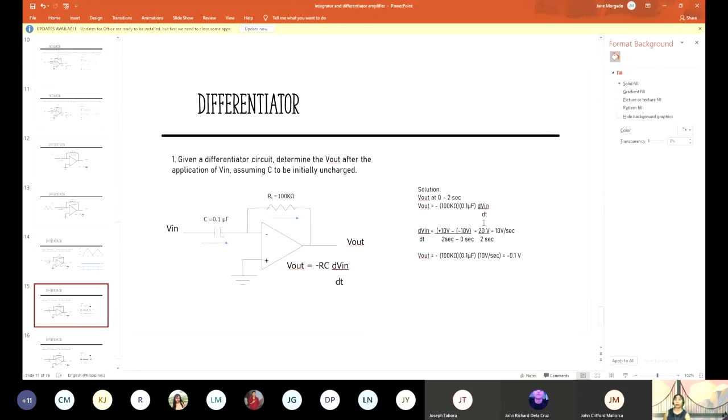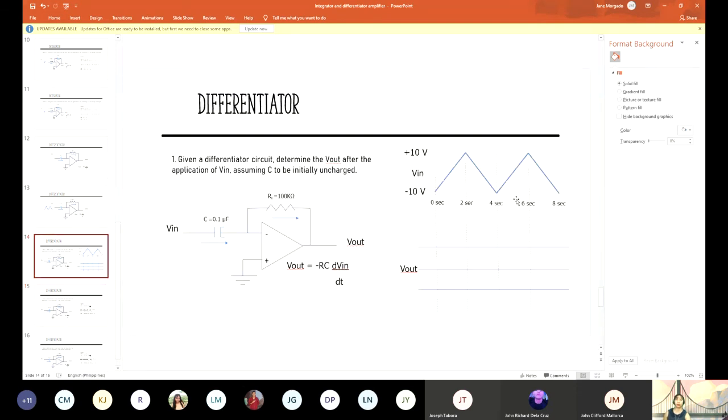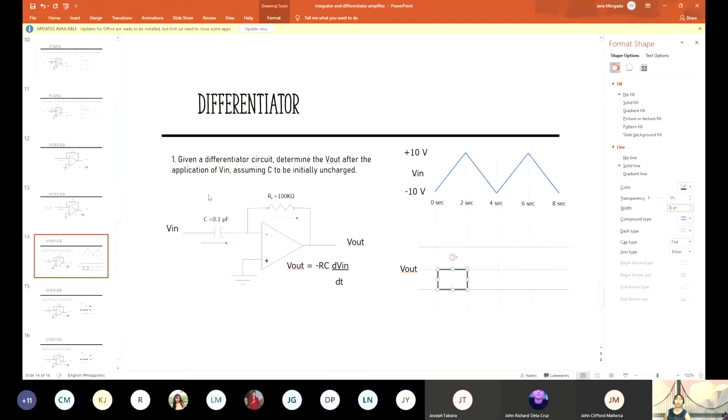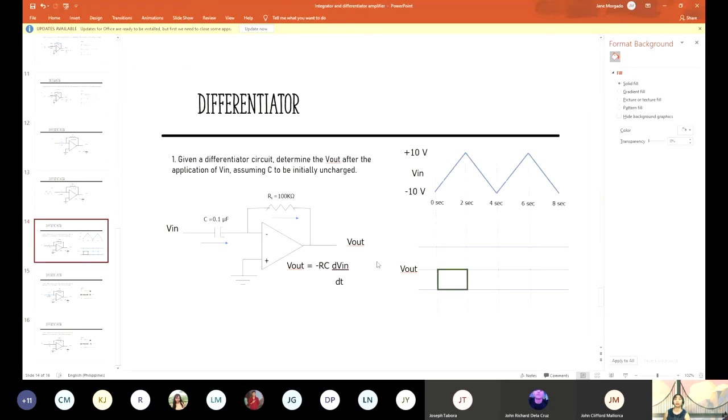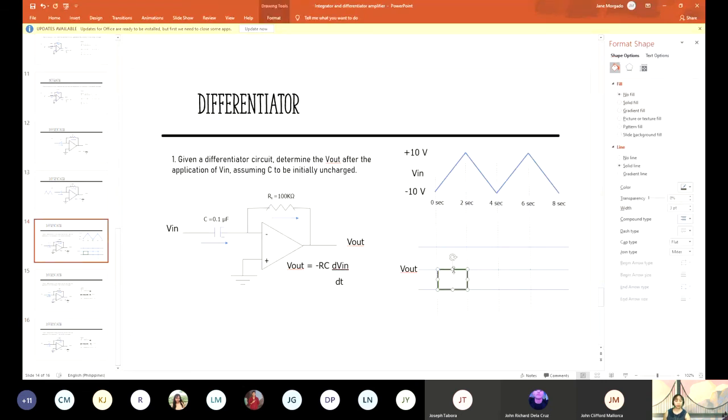So 0 to 2 second, we'll have an output of negative 0.1. Okay, so we have negative 0.1. Okay, takpan natin mamaya. Then we have positive 0.1.